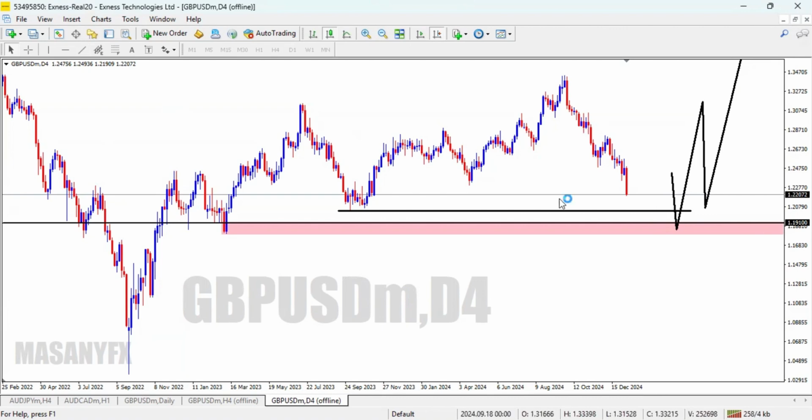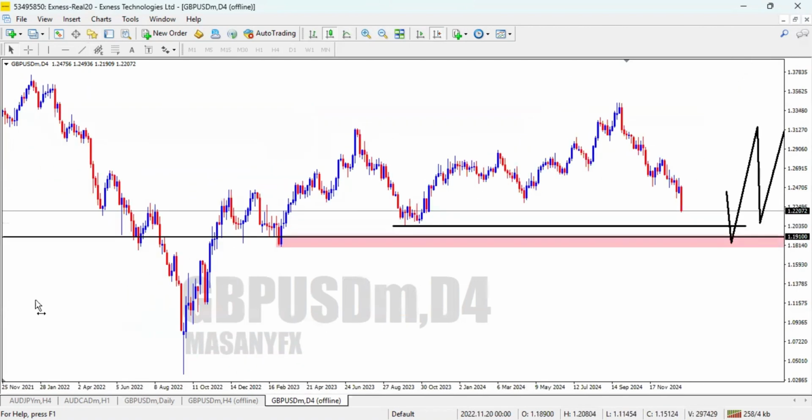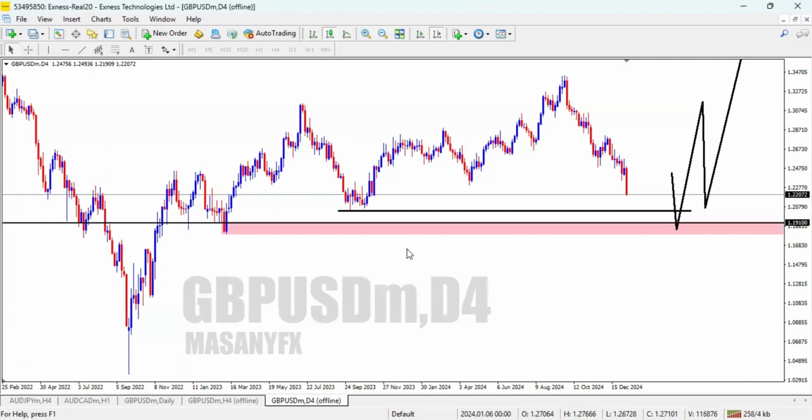So you cannot start analyzing from H1 or from your small time frame and expect to get a correct direction of the market. You need to start from the top and go down. You can take your entries from H4, H1, but make sure you know the overall direction of the market.